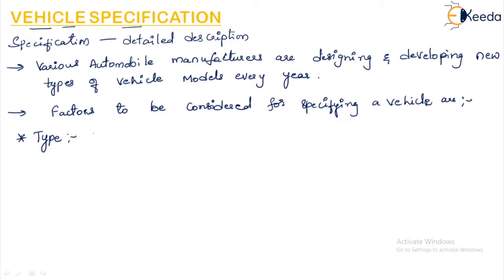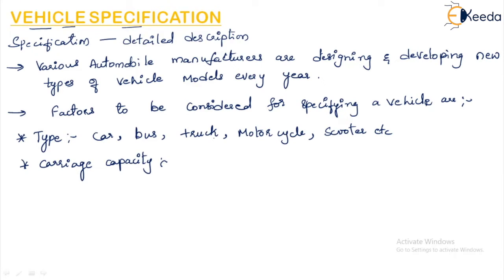So here type means different kinds of vehicles which we are using, that is the car, bus, truck, motorcycle, scooter, etc.